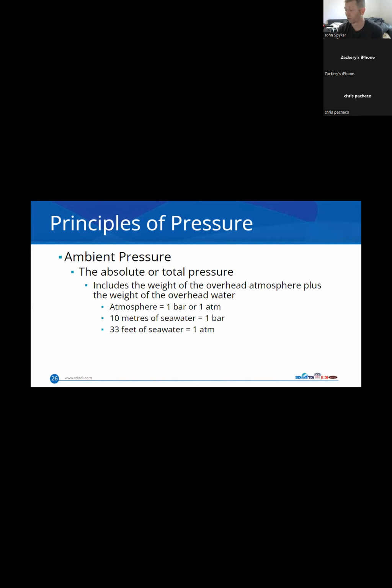When your depth on your computers and stuff like that reads out in depth, they're just pressure sensors that are calibrated in depth. They're just little transducers inside there that read out pressure, but they're just calibrated, like I said, in depth. So when people are talking about bar, they're talking about 1 atmosphere.